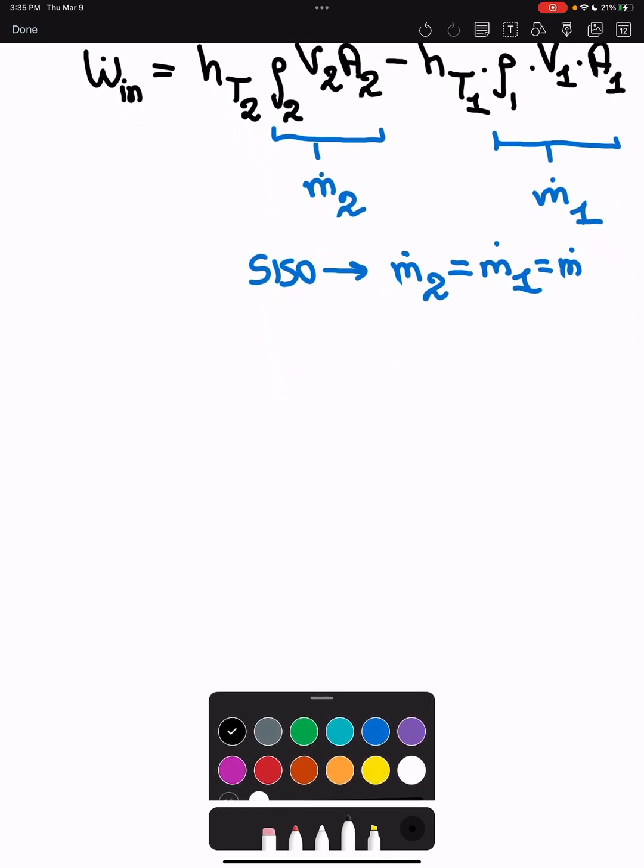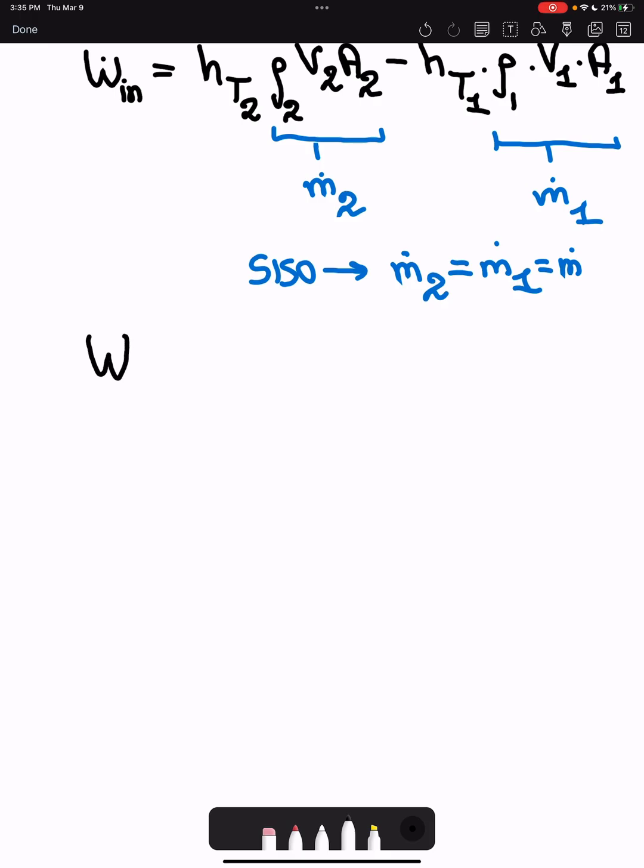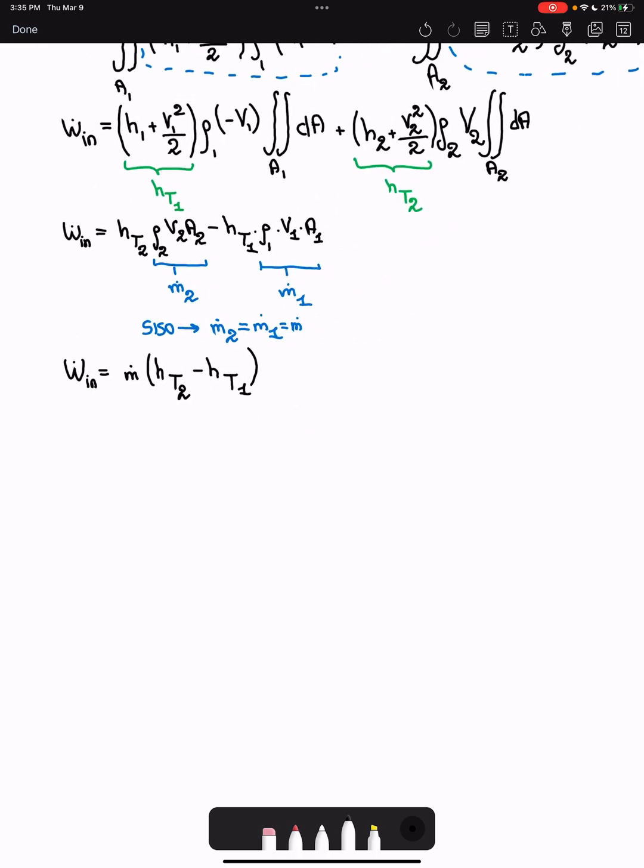And doing that, this equation becomes w dot in equals m dot times (ht2 minus ht1), and then we close that.